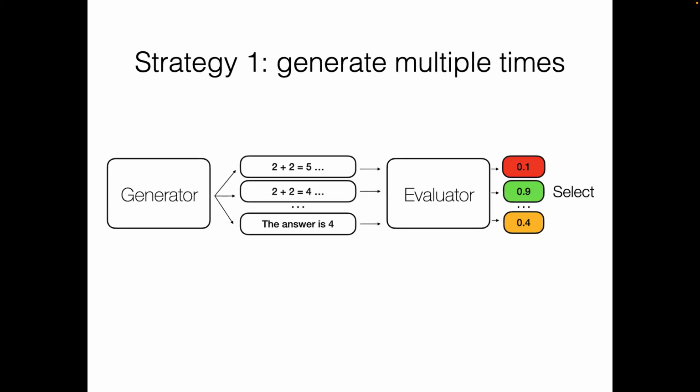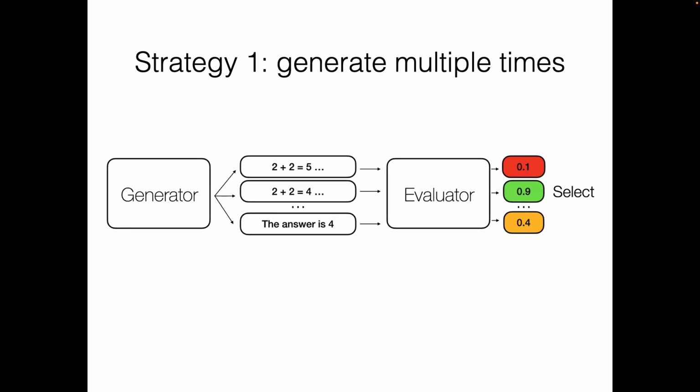So the question is, how do you do this? Well, this isn't necessarily exactly what OpenAI was doing here. I'll get to that in a bit. But we could think about doing this test time compute in two different ways. The first is, let's say we want to generate more tokens to improve our performance. Then what you could do is just try generating multiple times. Let's say you're trying to solve a problem.